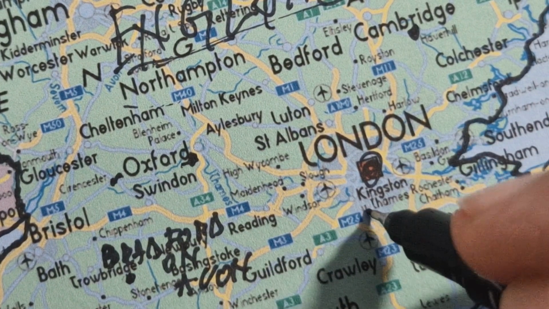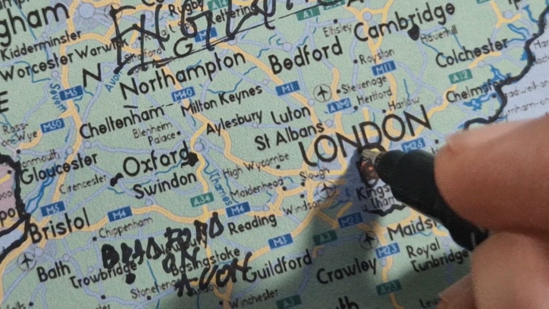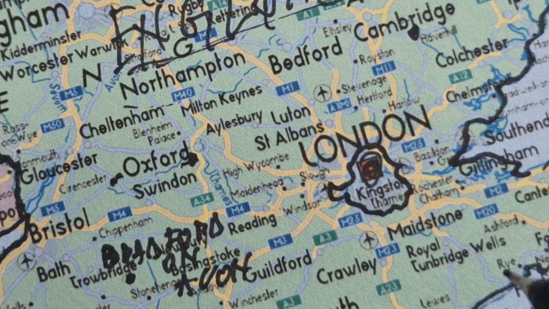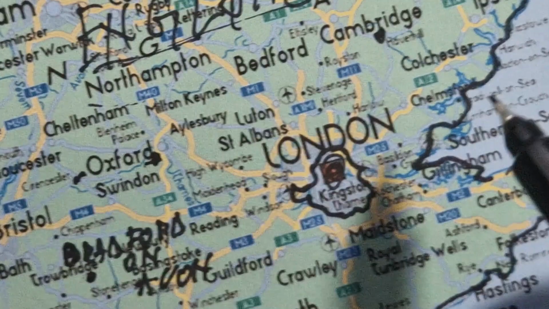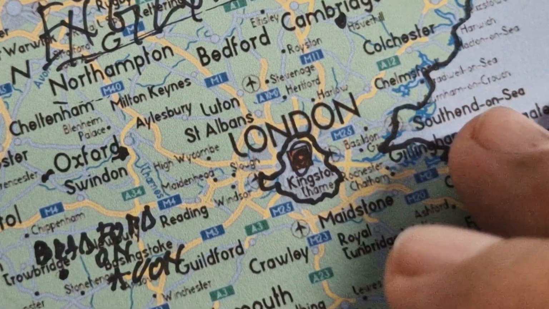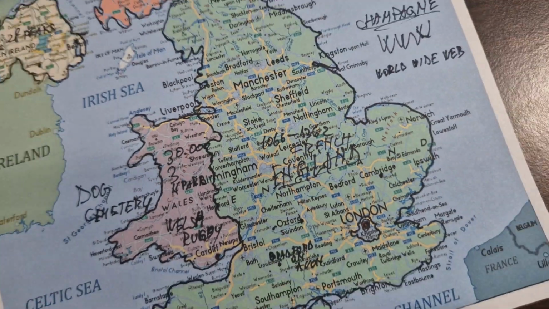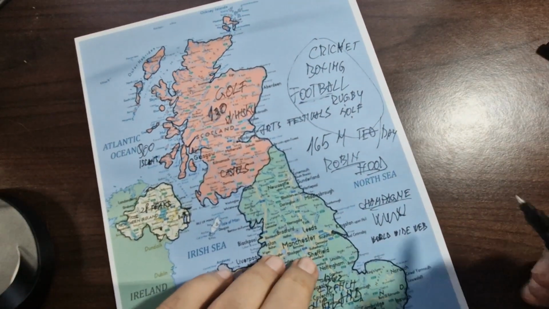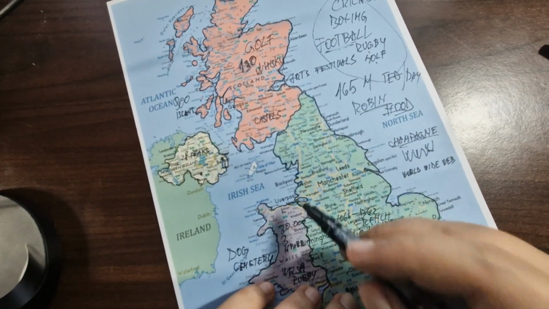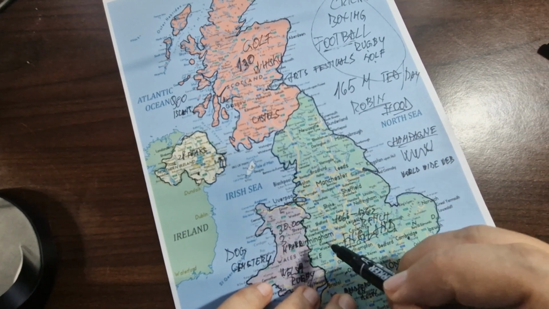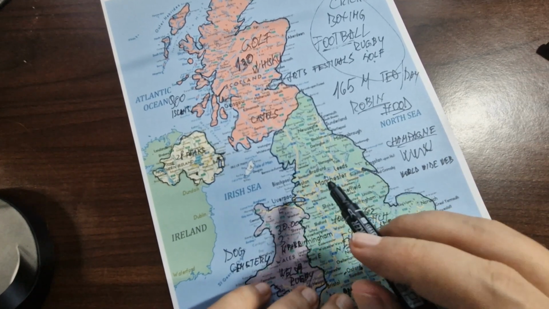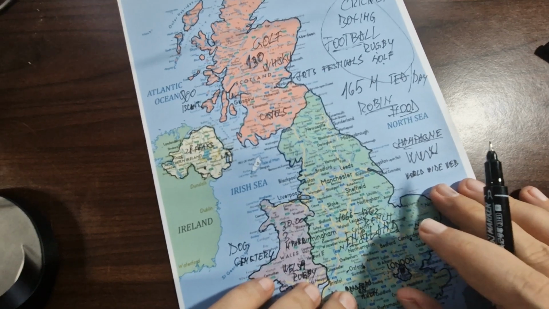Well, London is like a state because this city is so huge. It's like a county. It's huge. Alright, so I think these are the most important facts about the United Kingdom or Great Britain. Call it whatever you like.